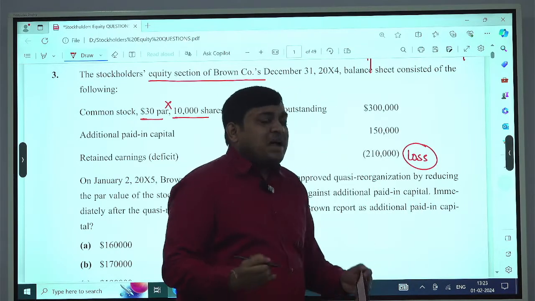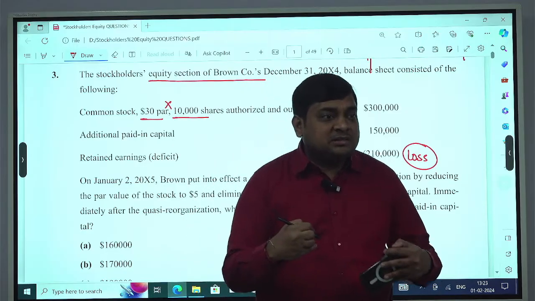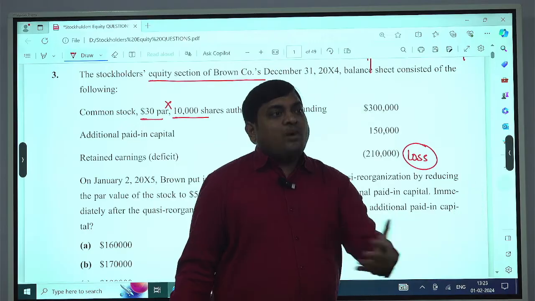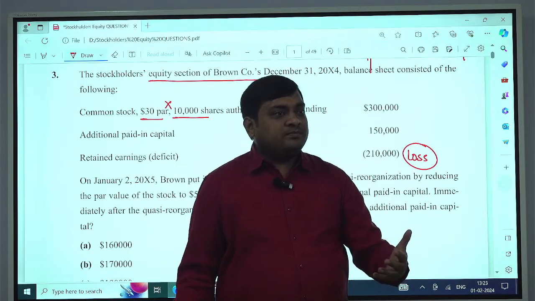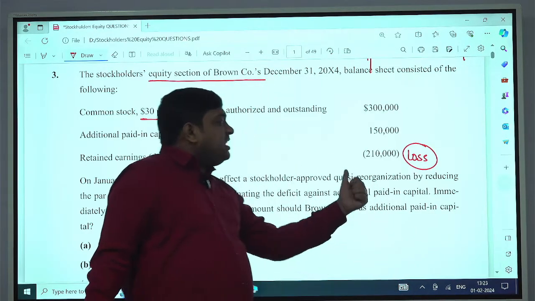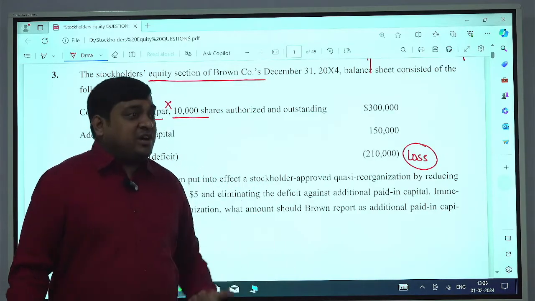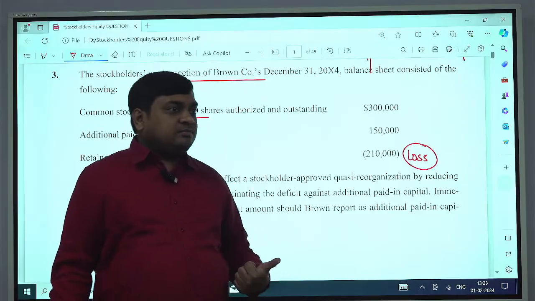Now this loss the company has suffered not in 1 year, but over the years. So in this particular scenario, in India we call it restructuring, reconstruction.